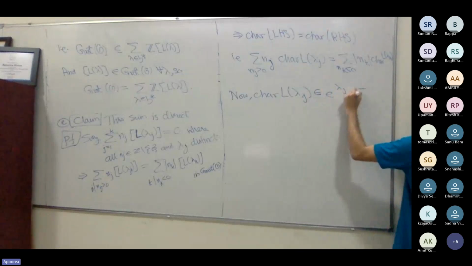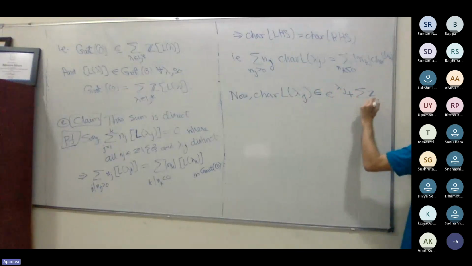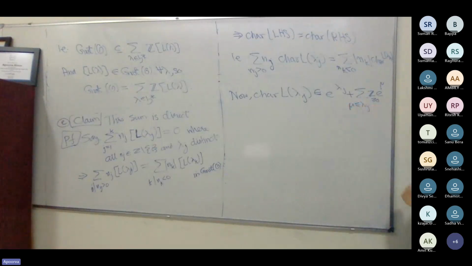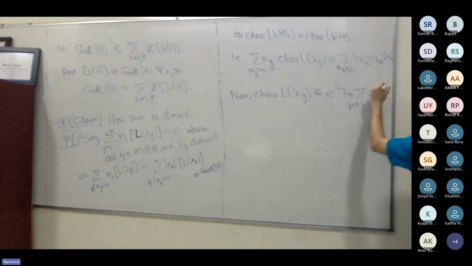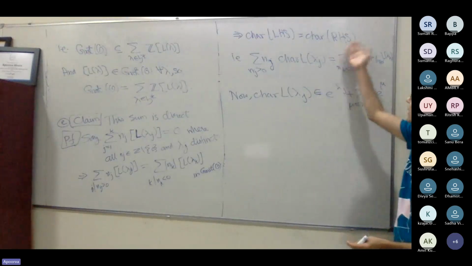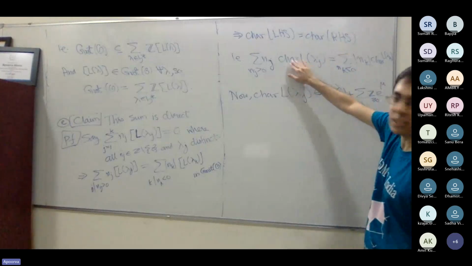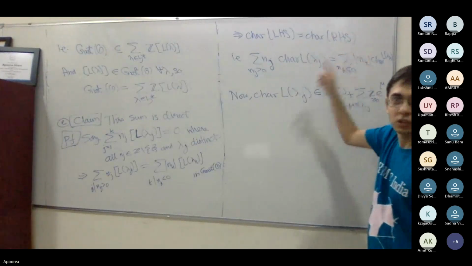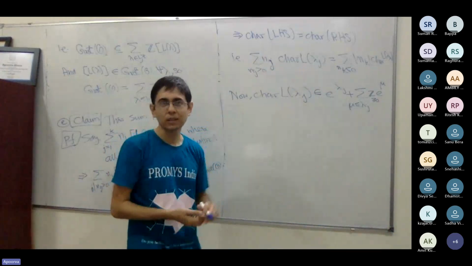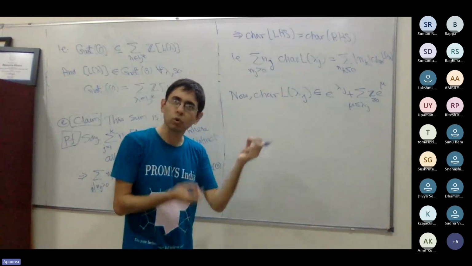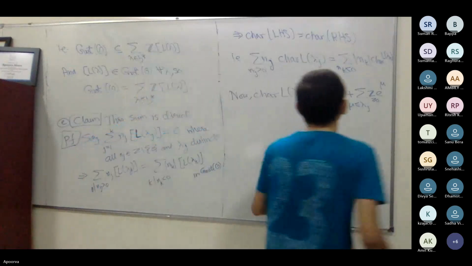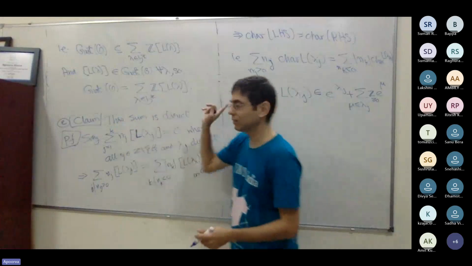So it belongs to e to the lambda j plus the sum over mu less than or equal to lambda j of Z bigger or equal to 0 times e to the mu. Right? And again I want to say that this power series equals this power series, so entry by entry, monomial by monomial, they have to be equal. So pick the maximal lambda j or lambda k among them. It occurs only on one side and not on the other. So you can never have this equality, as long as this sum is non-empty.